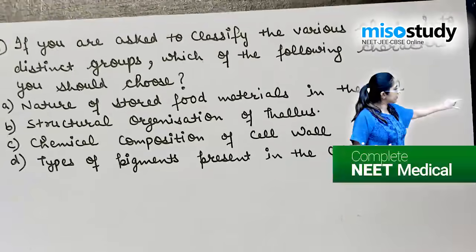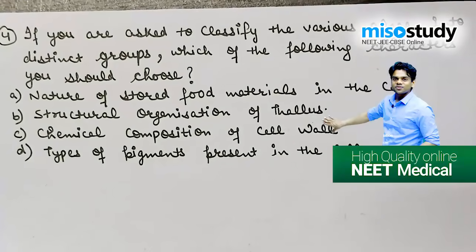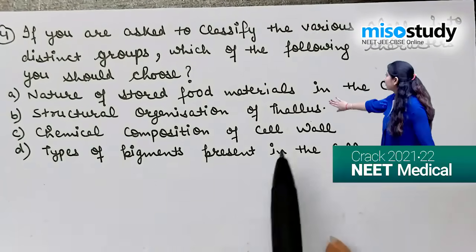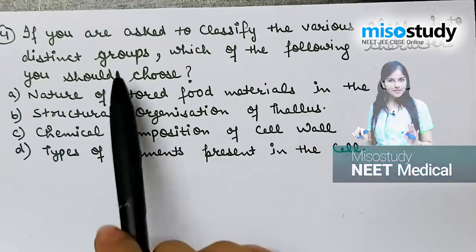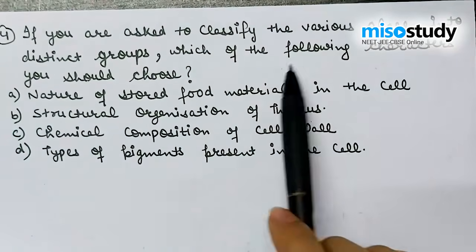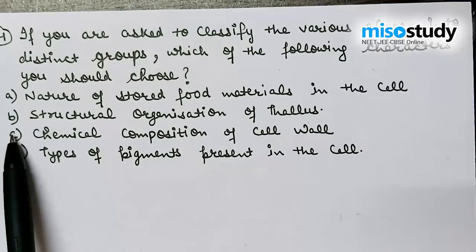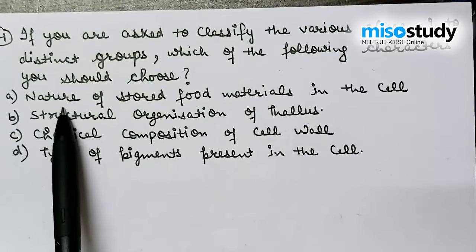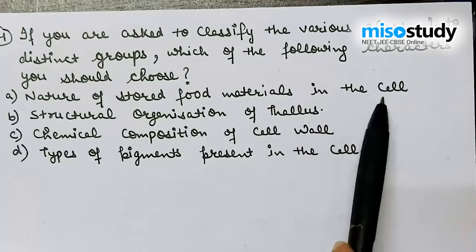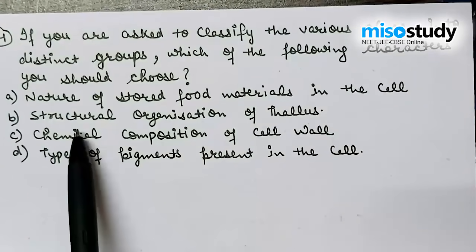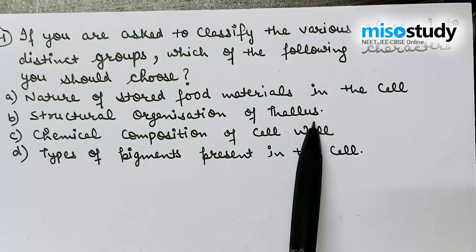The next question from Plant Kingdom is, if you are asked to classify the various algae into distinct groups, which of the following characters you should choose? Here are four options. Option A includes nature of stored food material in the cell. B includes structural organization of thallus.